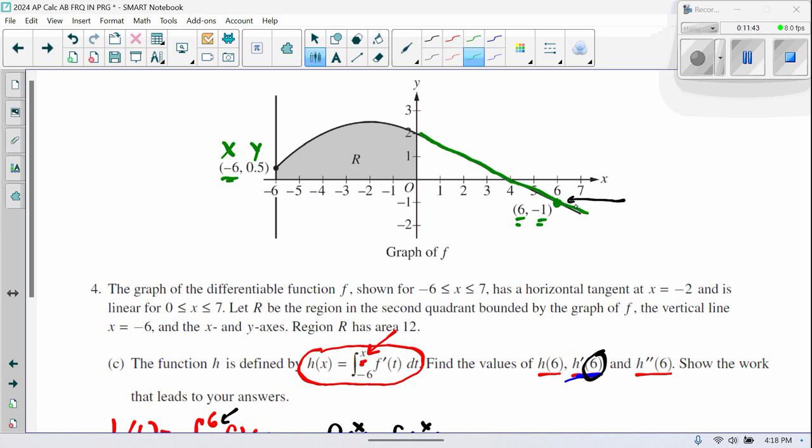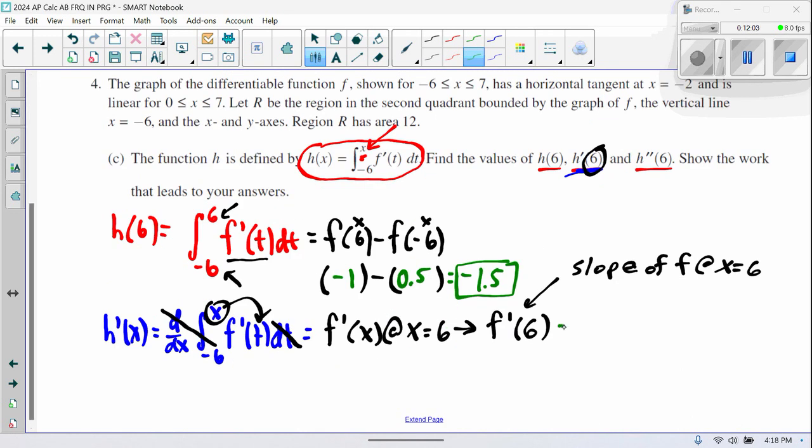I can take 2 points and do a change in y over change in x, or I can see that if I go down 2, I go over 4, which is negative 1/2. And that's my answer. You could have done change in y over change in x. You would have gotten the same answer.